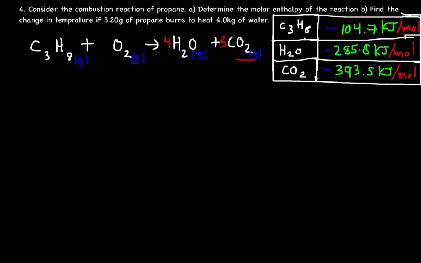Now to find the enthalpy change, it's simply going to be the standard enthalpies of formation of the product minus the standard enthalpy of formation of the reactant. So the enthalpy change, that's going to be, we have 4 mole of water times the molar enthalpy of water, which is negative 285.8.